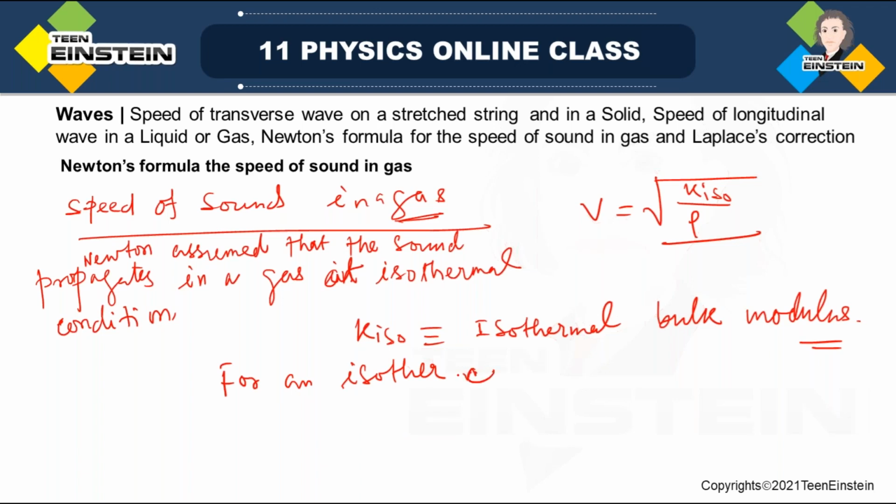For an isothermal change, we can write PV is equal to constant.